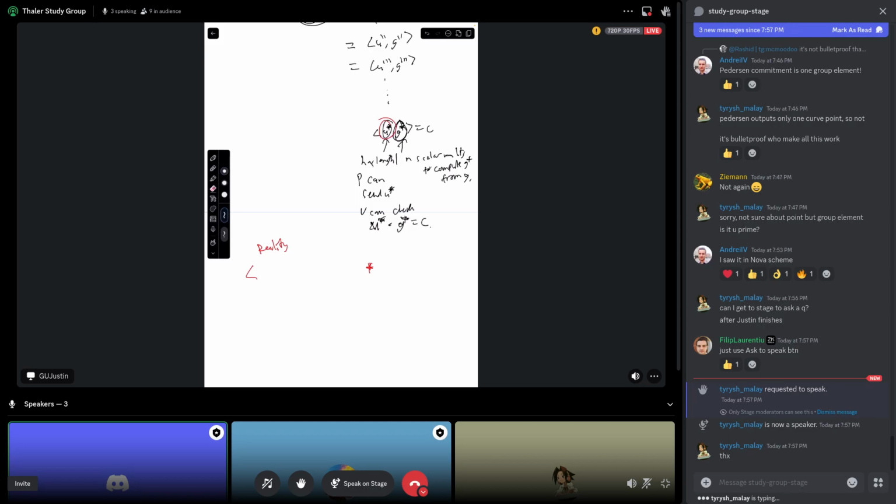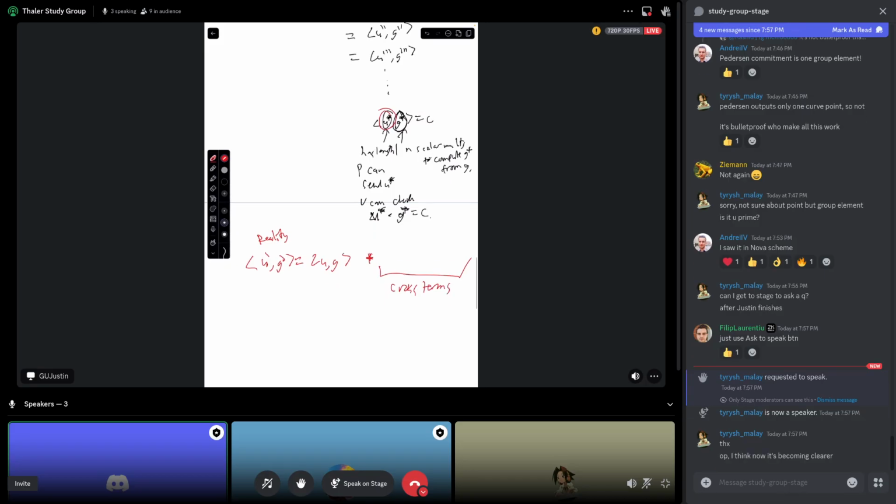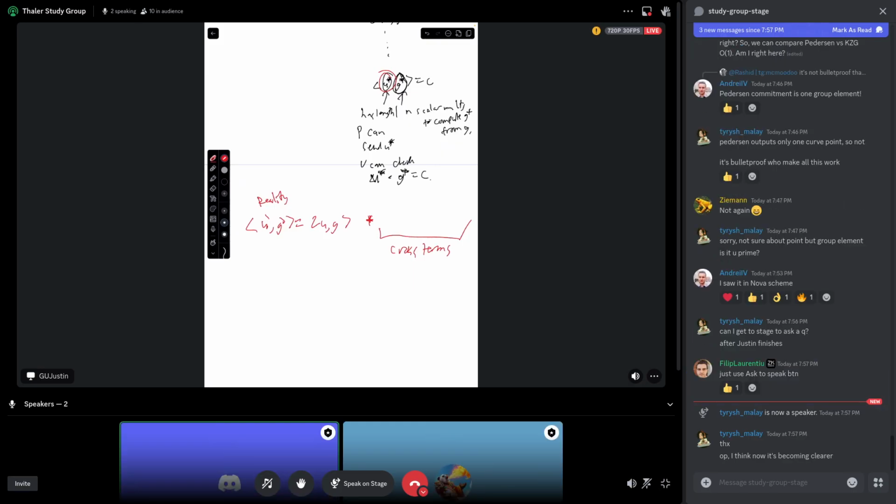So let's say U prime inner product G prime equals U inner product G plus what we call cross terms. I'm just going to write out what the cross terms are, and then I'll do the simple algebra for you to see that this equality indeed holds. So the cross terms are alpha squared UL GR plus alpha to the minus 2 UR GL.